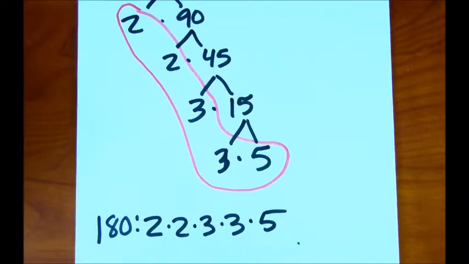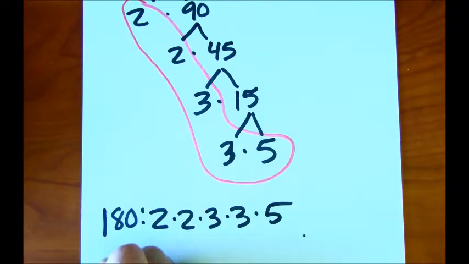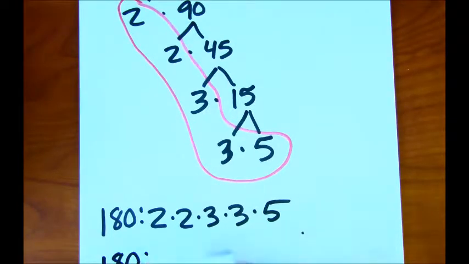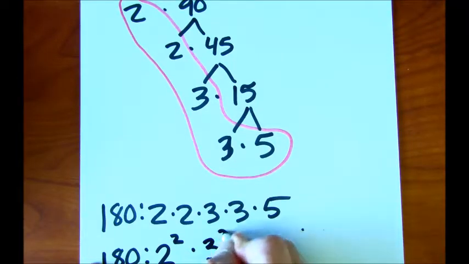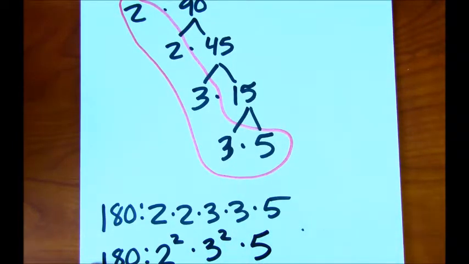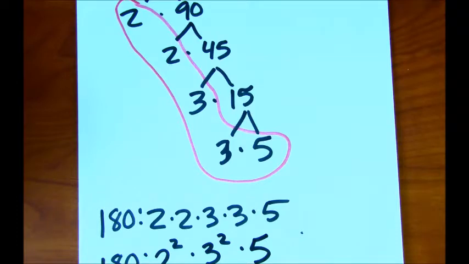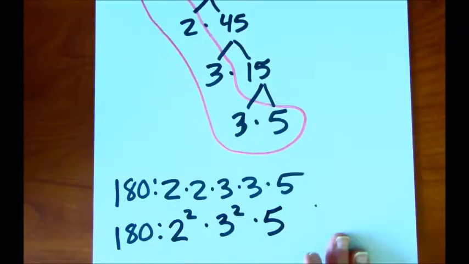Now, I could write it in exponential form just to clean it up a little bit. I've got 2 2's, so that's 2 to the 2nd power, 3 to the 2nd power, and then just plain old 5.